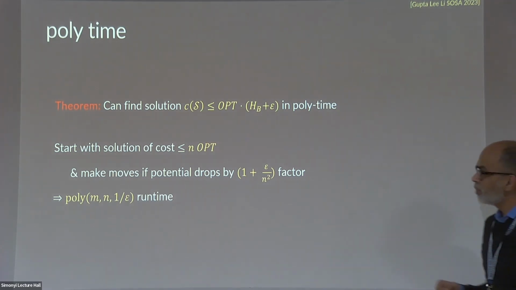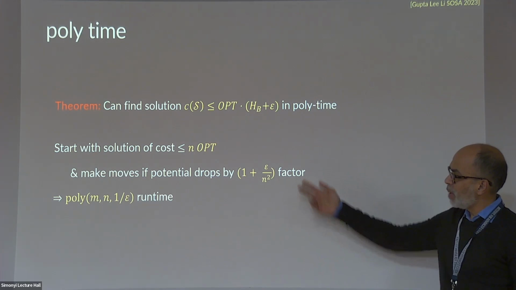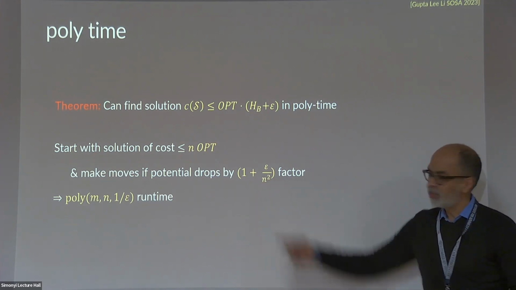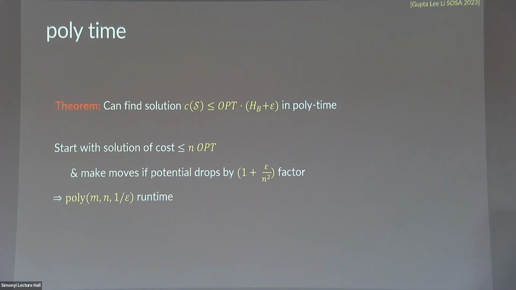So that's n opt. And now make moves only if the potential drops by a significant factor. And now you can play around with it and show that, well, if you reach a local optimum, then the local optimum should not cost you all that much. You'd have to rework the previous analysis, but it's a small amount of extra.